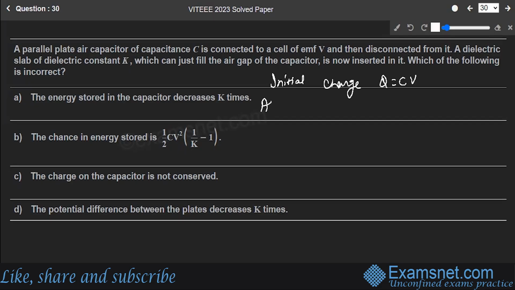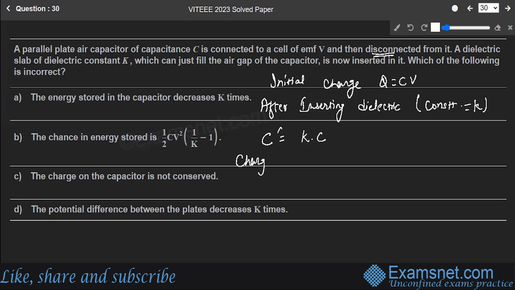Now after inserting a dielectric with constant K, the capacitance will be equal to K times the initial capacitance C. Now charge will remain the same as the cell is disconnected and the capacitor is isolated.